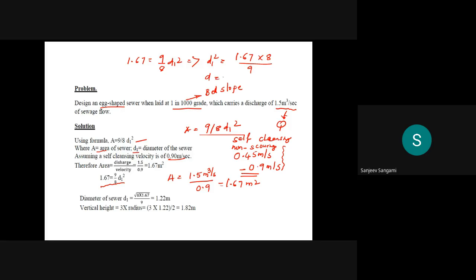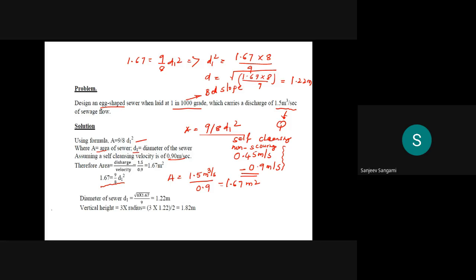So d1 is equal to the square root of 1.67 into 8 divided by 9. If you substitute it, you will get 1.22 meters.